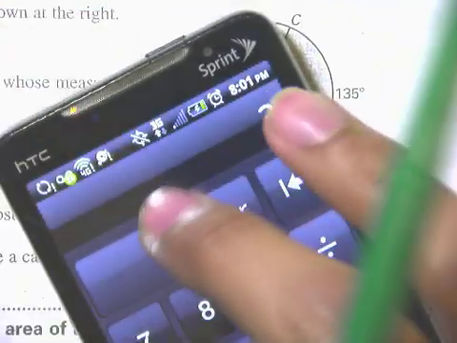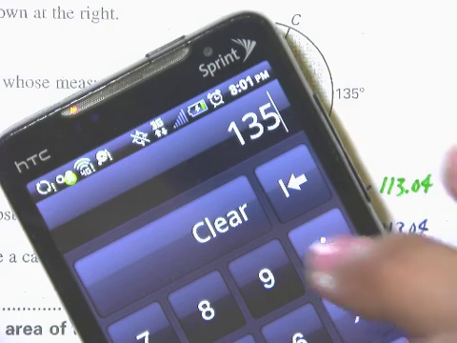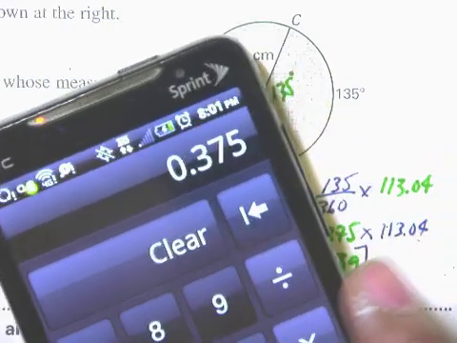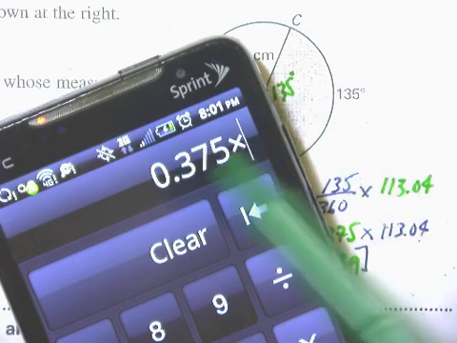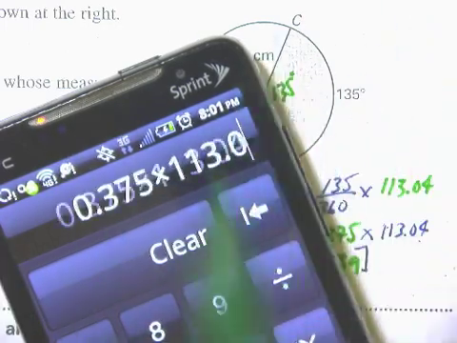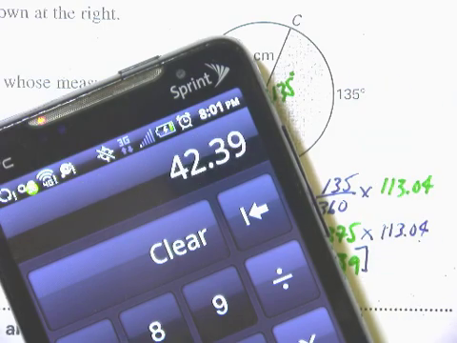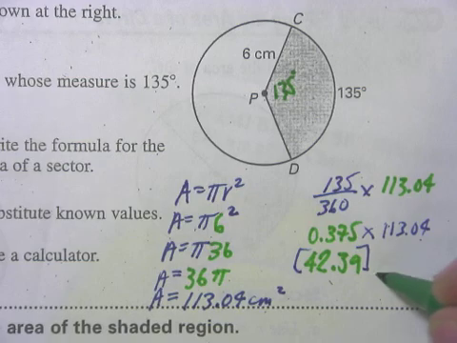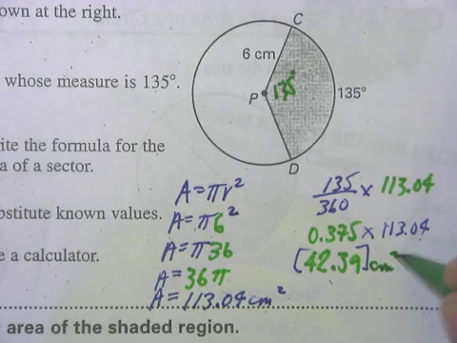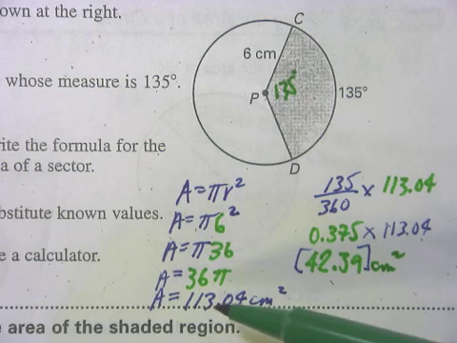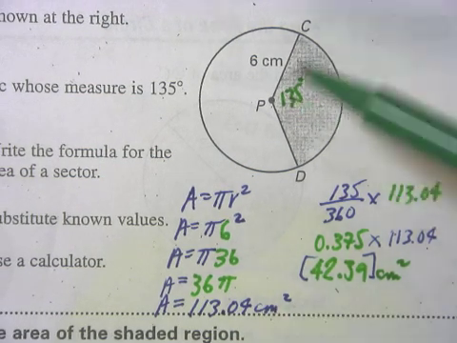So when I divide 135 by 360, you're going to get 0.375. So 135 divided by 360 gives me that decimal there. And I'm going to multiply that, because that's my ratio, that's my percentage, times the entire area. And that's going to give me 42.39 centimeters squared.